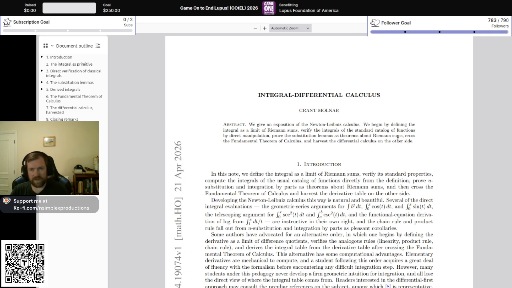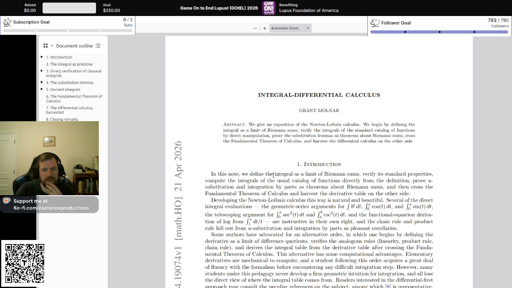And harvest the differential calculus on the other side. So things are slightly backwards from the way that most of us would understand it. And so we'll see what Grant Molnar's approach is as we go through it.